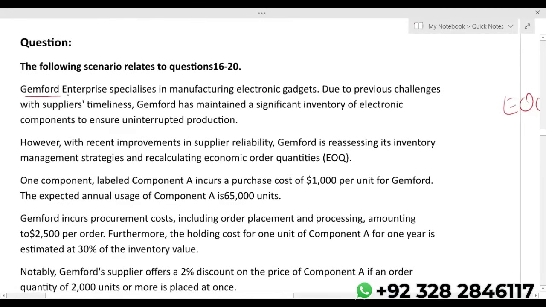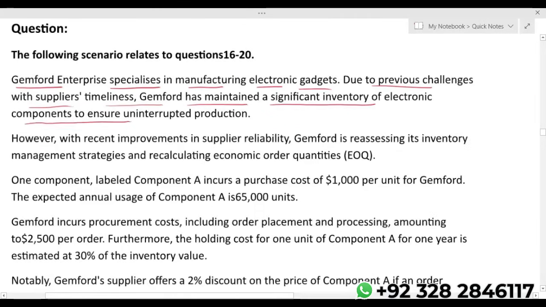Let's see. Jim Ford Enterprise specializes in manufacturing electronic gadgets. Due to previous challenges with suppliers' timelines, Jim Ford has maintained a significant inventory of electronic components to ensure uninterrupted production.